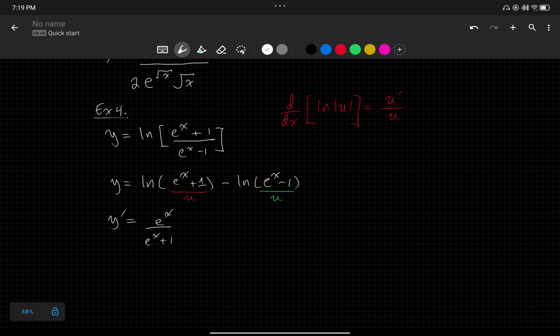In other words, what just happened? Well, this was u prime over u. That's what happened. Same business over here. Derivative is e to the x, since negative 1 is a constant, over the original e to the x minus 1.